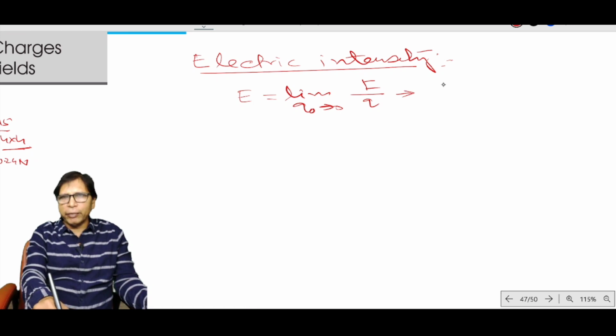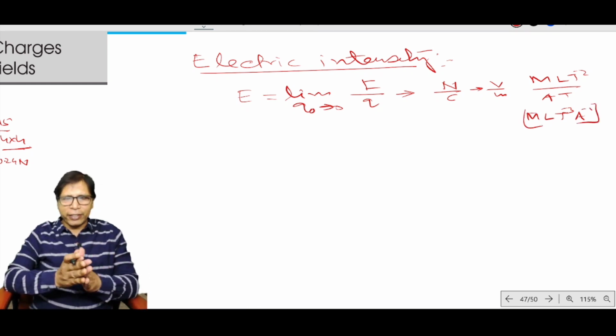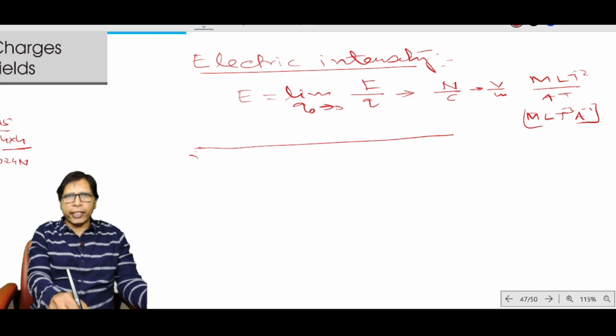So its unit is Newton per coulomb or volt per meter, and its dimension is MLT minus 2 divided by AT, so its dimension is MLT minus 3 A minus 1. Next, suppose this is the charge q. Here, the test charge q naught.